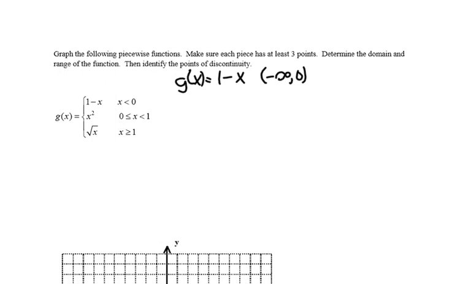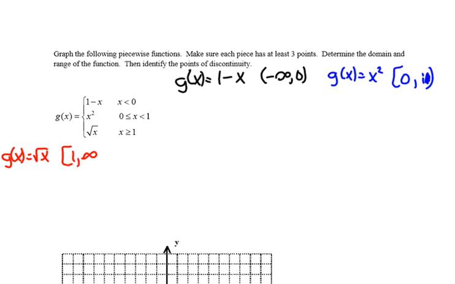In blue, g of x is equal to x squared, and that domain is 0 included to 1, 1 is not included. And in red, I have g of x is equal to the square root of x, and that's 1 to infinity.